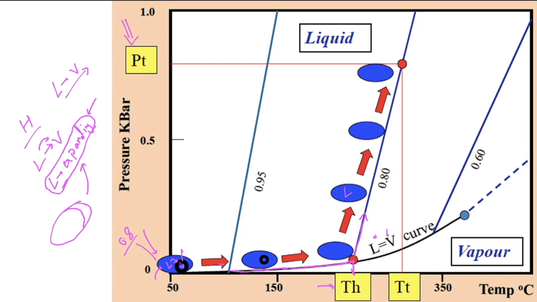If we know the origin, that means we know the trapping pressure, which is PT. Now if you know the PT pressure, you can draw a straight line here and it will cut the isochore somewhere. Let's say it is cutting here. Now from here, you can calculate the temperature, right? If you draw a perpendicular or vertical line, you will get this temperature.